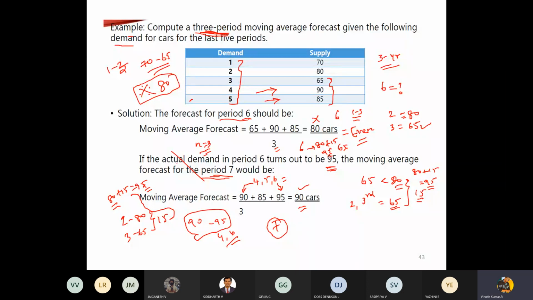So we are going to find out a forecast value for the month of January. Up to December, the demand given is 700. What is the forecast value in the month of January? You are going to calculate it with the help of the SMA method. SMA is nothing but the simple moving average method. So you are going to find out.